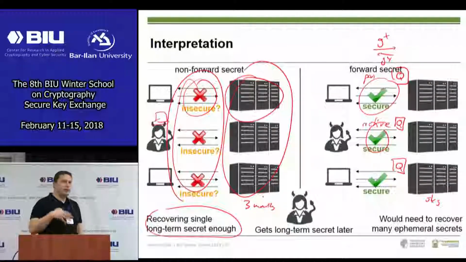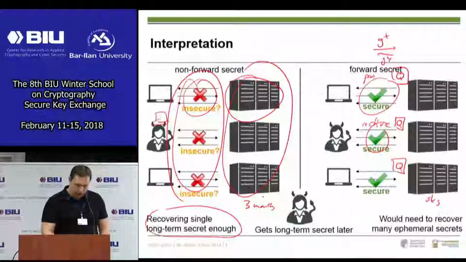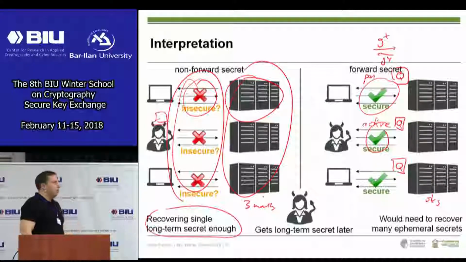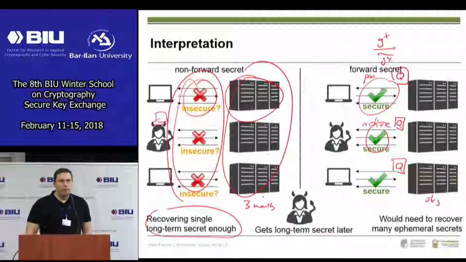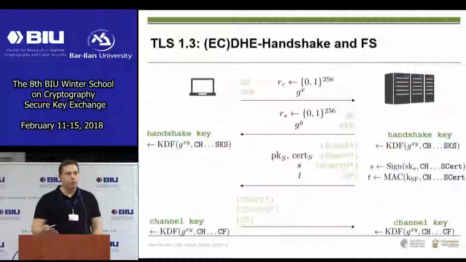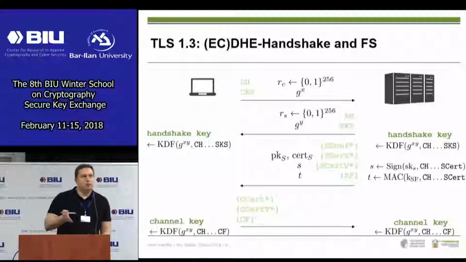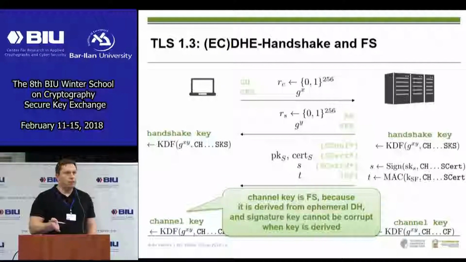If I later break your signature key, the long-term secret here is the signing key, on this side, if there is one, on the client side or server side. If you break that, it doesn't help you to recover the channel key. It helps you to authenticate yourself in the next protocol execution, because now you have the signing key, but forward secrecy doesn't give you any security in that regard.